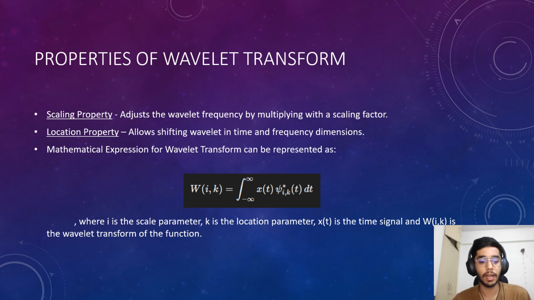The first one is i, which is the scale parameter, and the second one is k, which is the location parameter or the shifting parameter. On the right hand side, we can see there is x(t), which is the input signal which we are inputting to the wavelet transform, and psi(i,k) is the mother wavelet, and the star represents the conjugate of the mother wavelet.